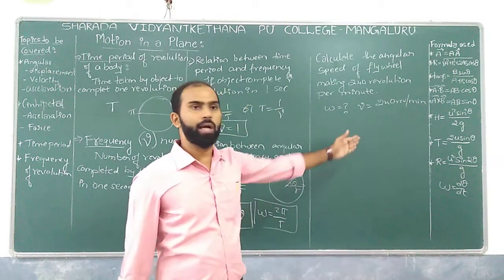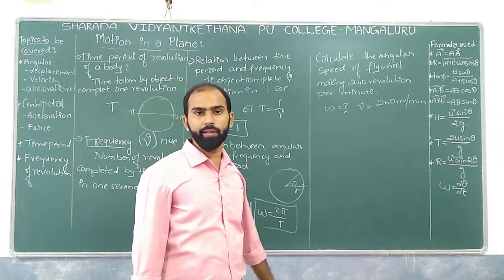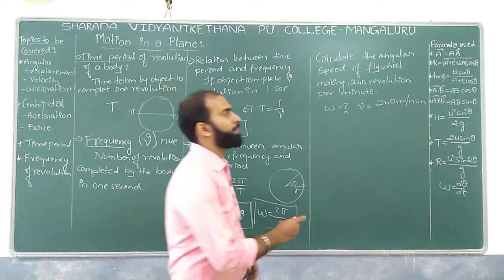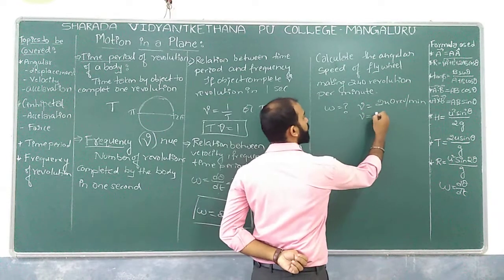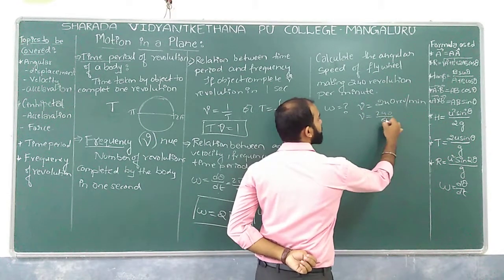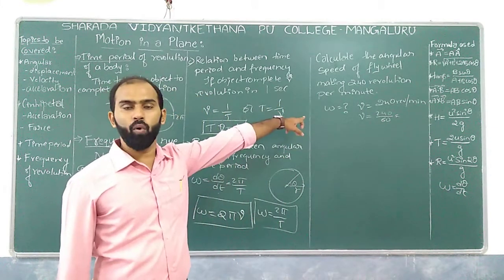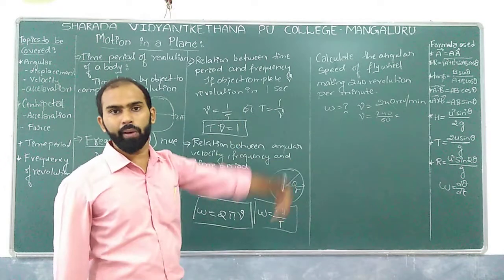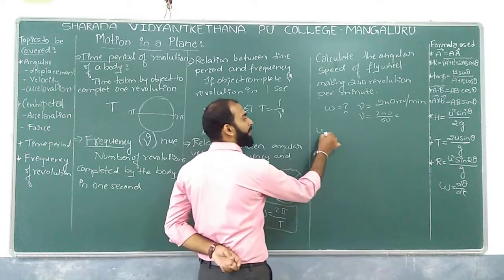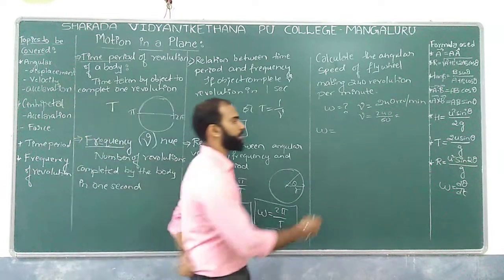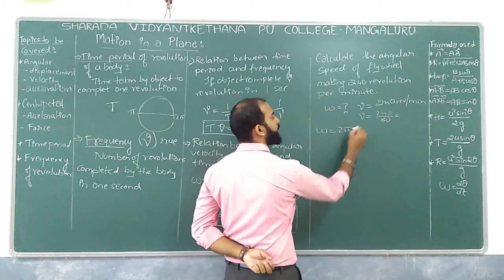Now your job is to convert a minute to seconds. How to convert this? Just by dividing 240 by 60. Now what is the formula we have to get the omega over here? Since frequency is given, we know omega is equal to 2 pi nu, correct?